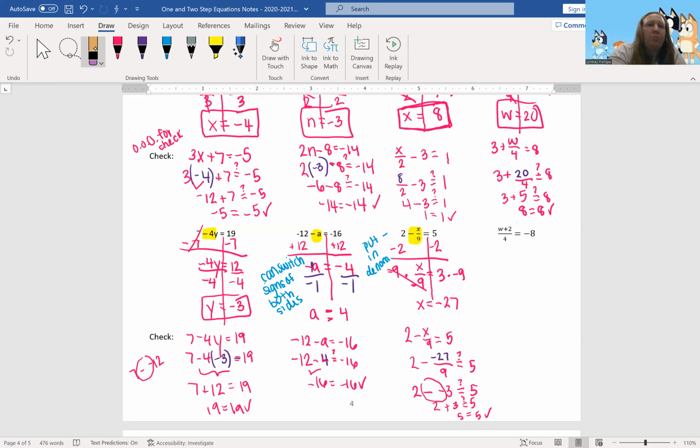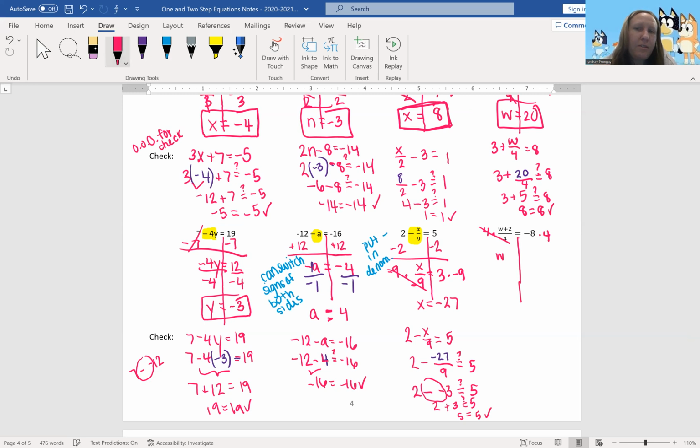In terms of what's stuck to the w, that 2 in this case is more stuck to the w because it's grouped together in the numerator. So we actually have to do that multiplication and division first, before those invisible parentheses. So we're going to get rid of that divided by 4 by multiplying both sides by 4 to make it become 1.